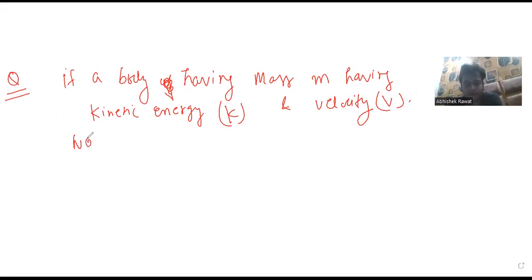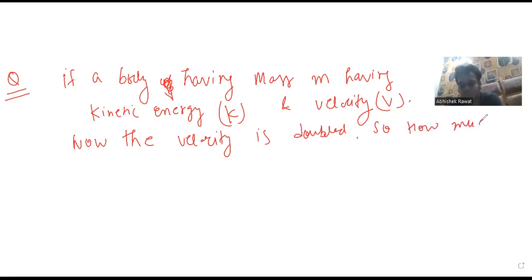Now the velocity is doubled. So how much percent will the kinetic energy increase is the question.